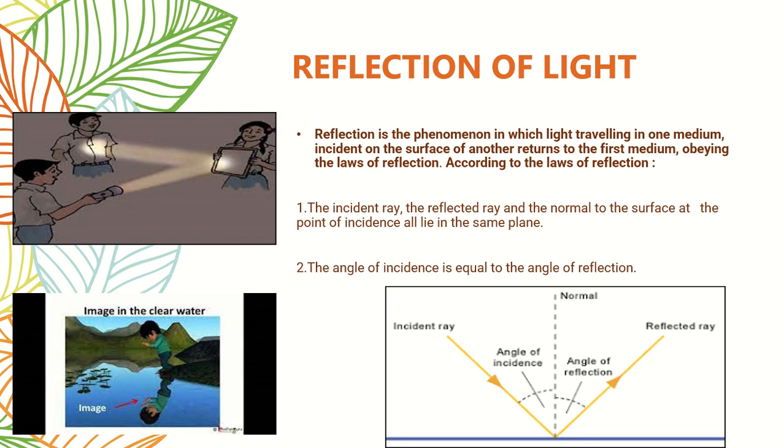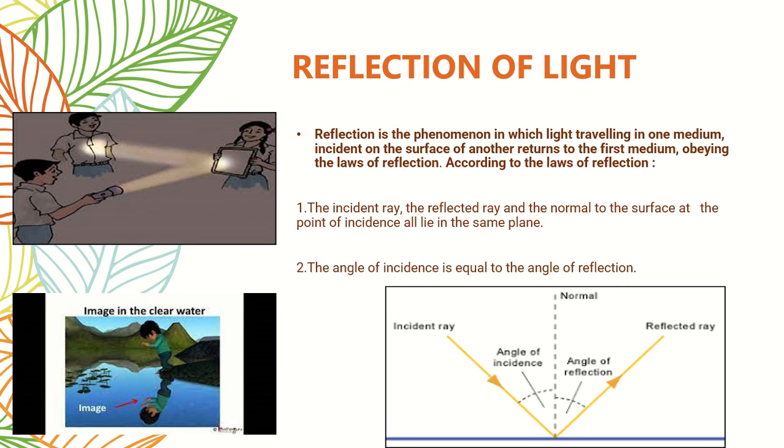The first law of reflection states that the incident ray, the reflected ray, and the normal to the surface at the point of incidence all lie in the same plane. This is the first law of reflection. You can see in the picture the incident ray, the reflected ray, and the normal are in the same plane.